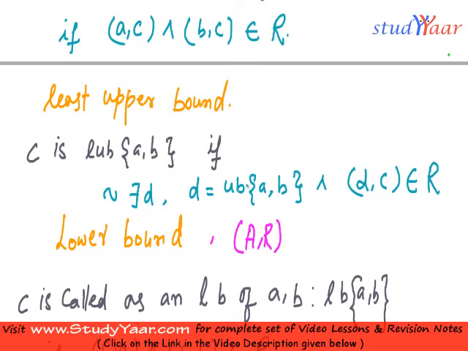But if D is an upper bound of A B and you have D comma C also present in R, in that case C is not the least upper bound of A B.